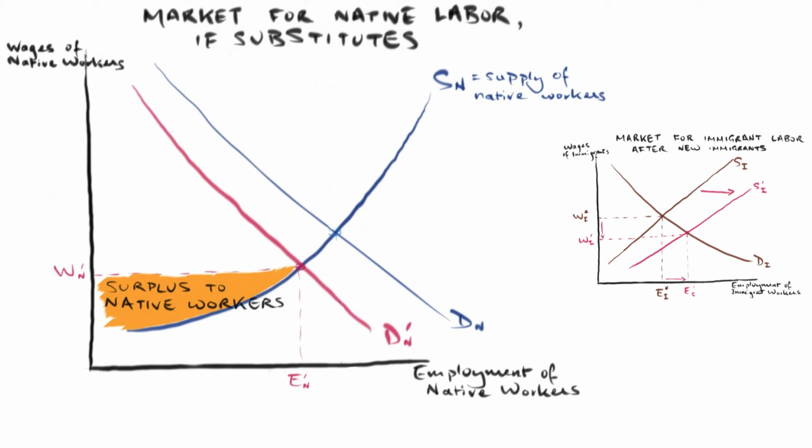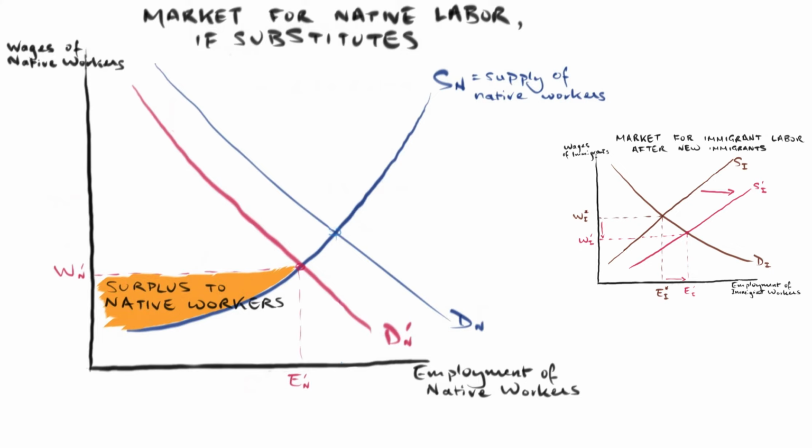That's complementary, or those types of labor are complements to each other. Or think of a supervisor and the workers under that supervisor. They are doing complementary jobs. They need one another to function as a group.